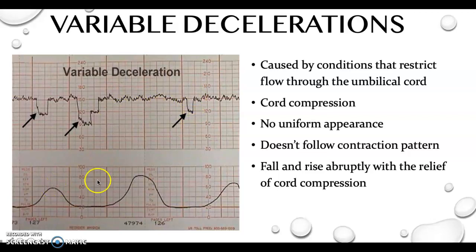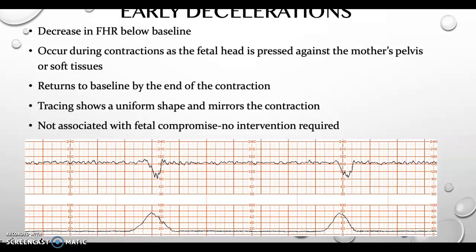No uniform appearance. They don't have anything to do with the contraction pattern. And how we resolve these is we're going to change the mom's position, which I think we talked about in lab pretty well.